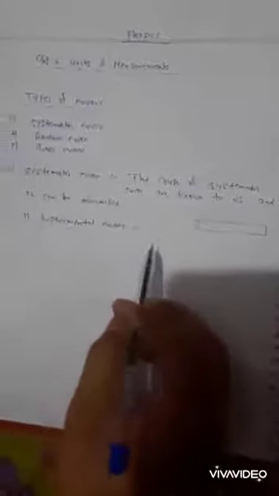Suppose you are buying a scale from a market and the scale is defective, is having something this kind of shape. So this comes under the instrumental errors. That means the equipment or the instrument you are buying from the market having some defects are called instrumental errors. So it can be minimized easily.